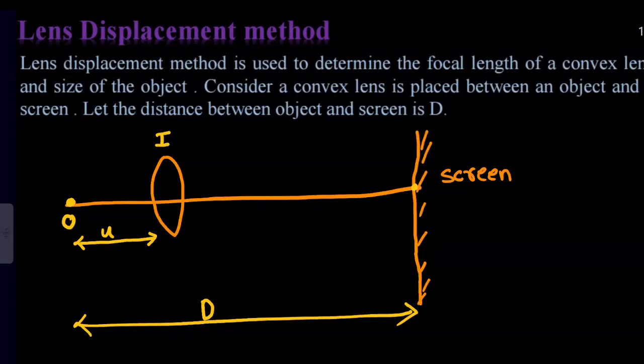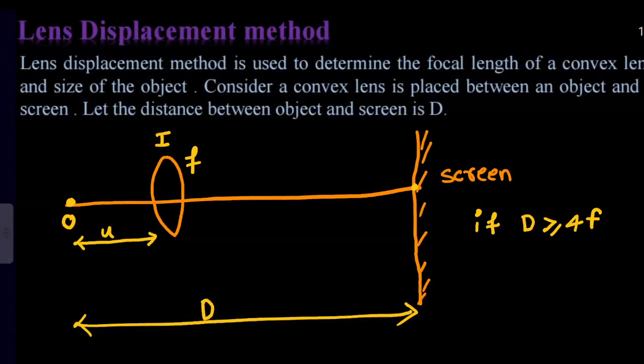Now, if the distance D between the object and the screen is greater than or equal to 4f, where f is the focal length of the lens, then the lens has two positions so that an image will be formed on the same screen.